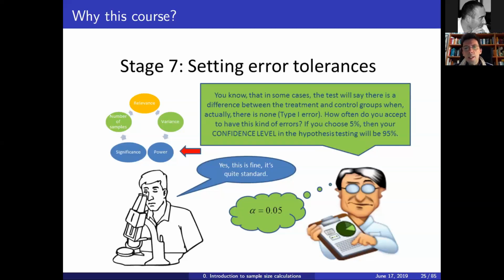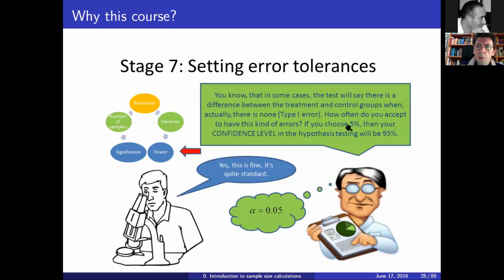So let's say that there is no difference, but you are unlucky with your samples, and then you think that there is a difference. And that is called a type 1 error in statistics. So there is no difference, but you think that there is. And you think so because the p-value is below a certain threshold. And this threshold typically is chosen to be 5%.